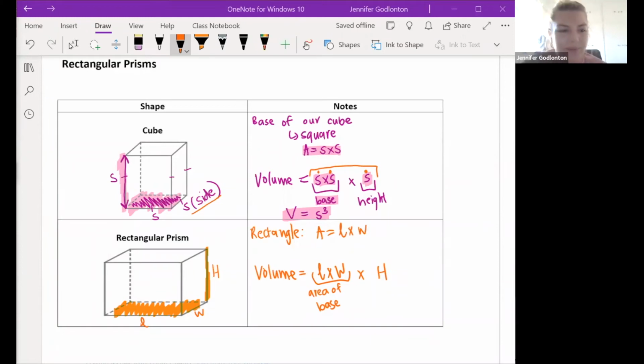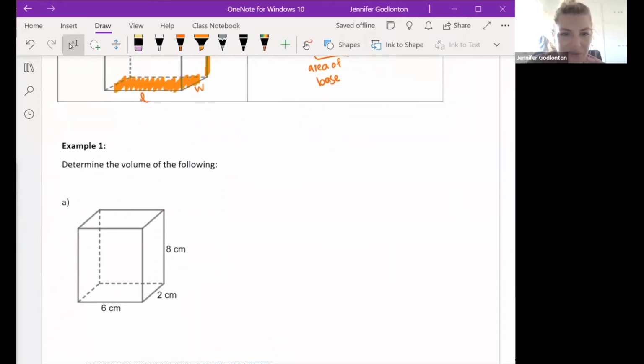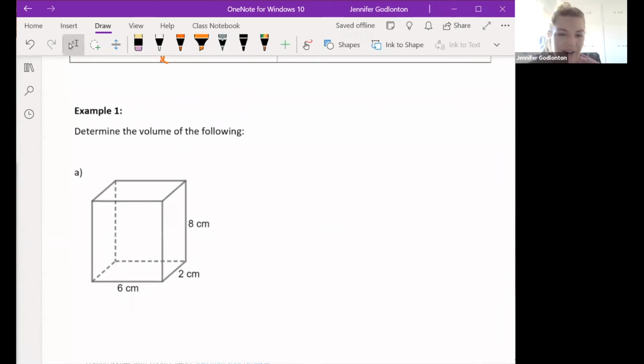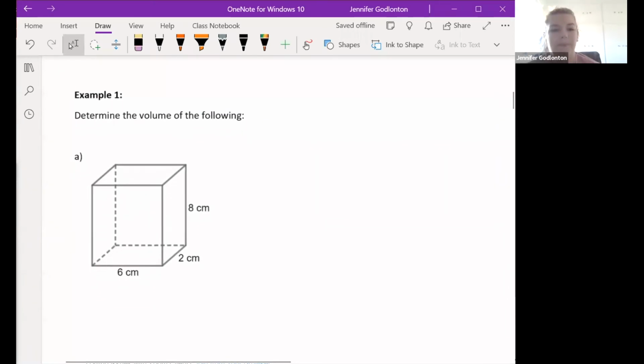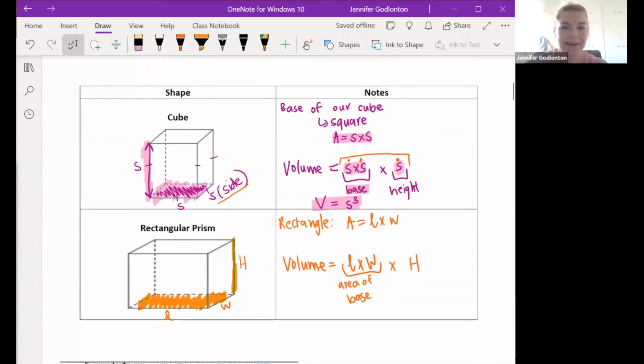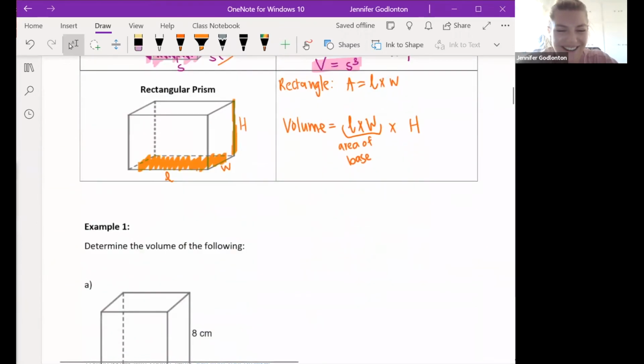Okay, cool. So let's have a look at this first one. We're trying to find the volume of the shape. Oh, sorry, Kira. Are we all good? Okay.